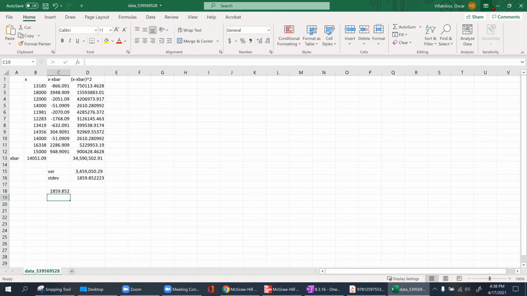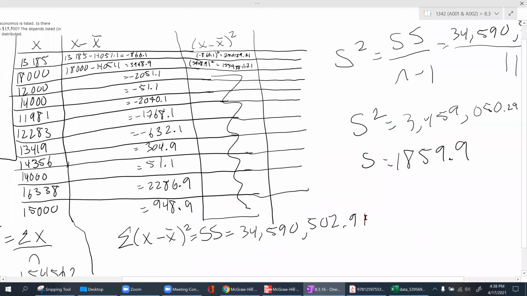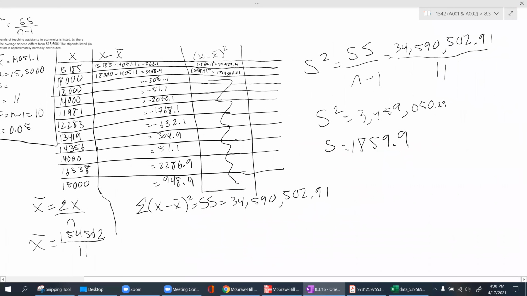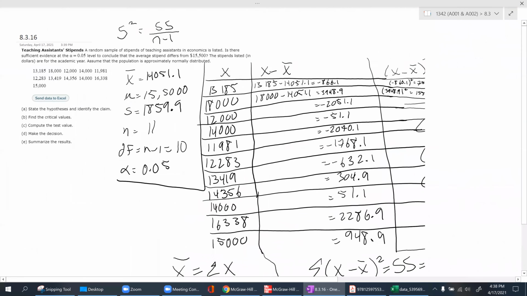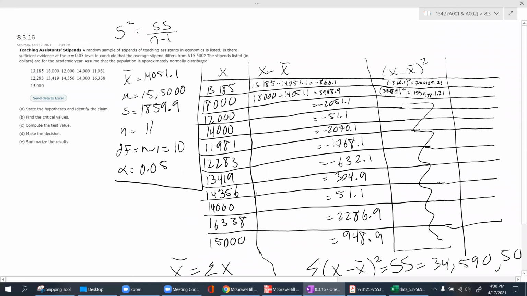It's going to be in the hundreds, maybe low thousands, like 1,000 or 2,000, but not insanely large. There's a lot of room for error there. But it is going to be on your homework. So what were we doing? We were just doing pre-work, 1859.9. Now we can get started with our problem.